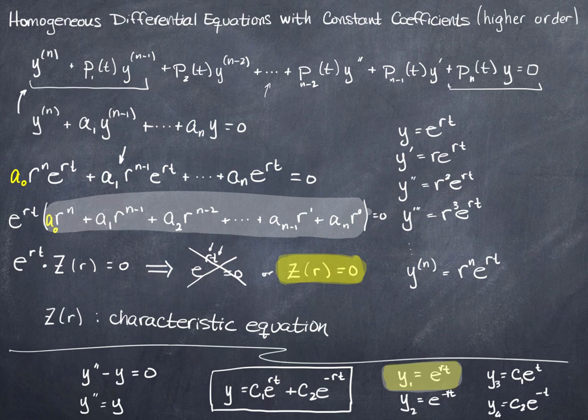Chapter 4 is really just a look at what happens to the various strategies that we learned in chapter 3 at a higher degree of differentiation. So I'm going to stop this video here, and I'll pick up where I left off in chapter 4, section 2, and we'll start with that first subsection that your textbook calls real and unequal roots, distinct real roots.